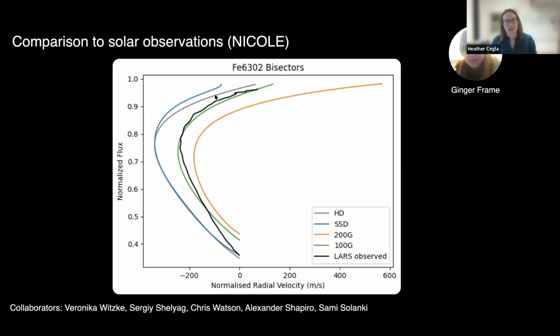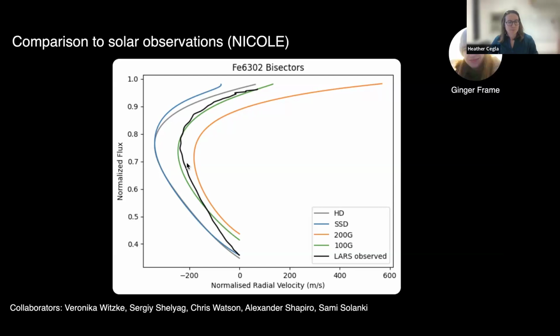So you've got your hydrodynamical, so no magnetic field case in gray, your small scale dynamo one here in blue, and then your 100 Gauss one in green, and then the 200 Gauss, so you're probably closer to a faculae or plage region here in orange, and then the observations from the LARS spectrographs are shown now in black.